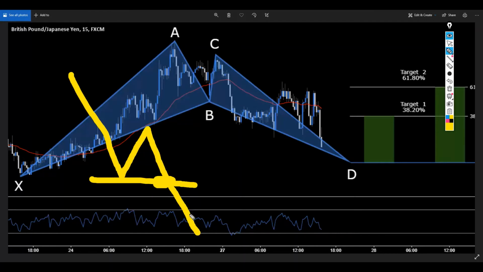But where we see an extension of the market, where the price is quite low and most likely going to rise, and we find a bullish bat forming here, we can find a better opportunity and a better place to enter the market.